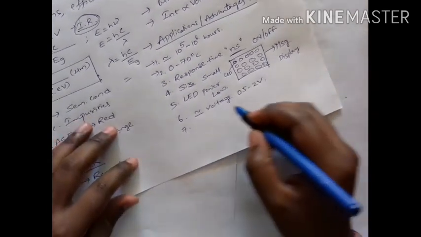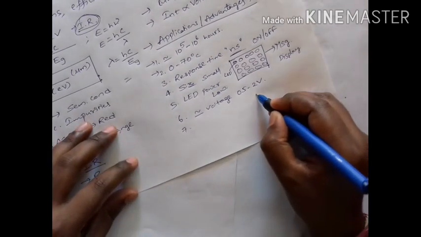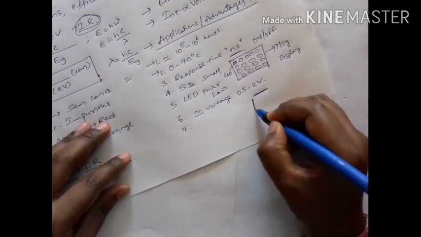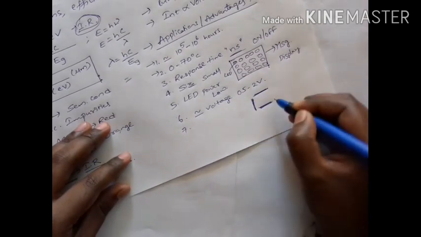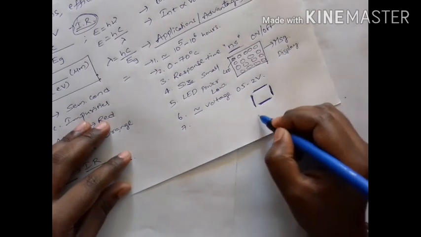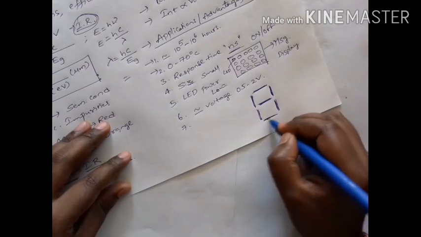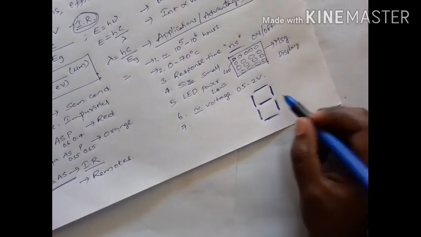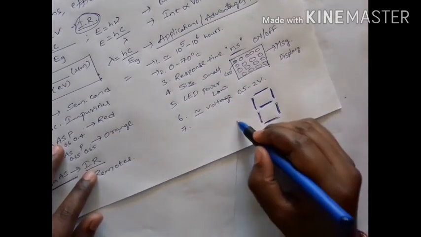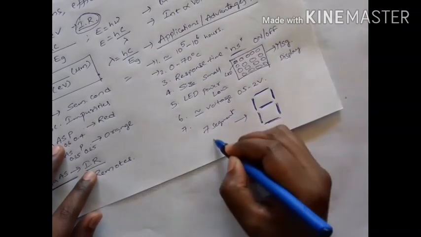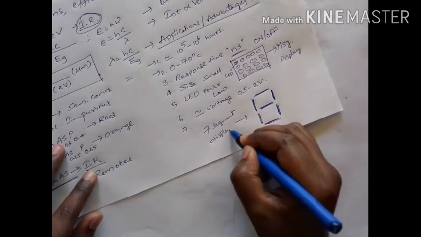And one more application that all of you might have observed in your life is that these LEDs are used in 7-segment display units. We call it a 7-segment display. Why 7?